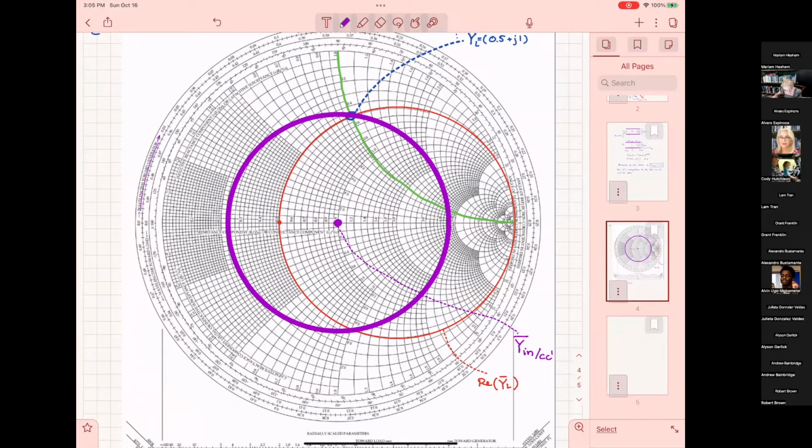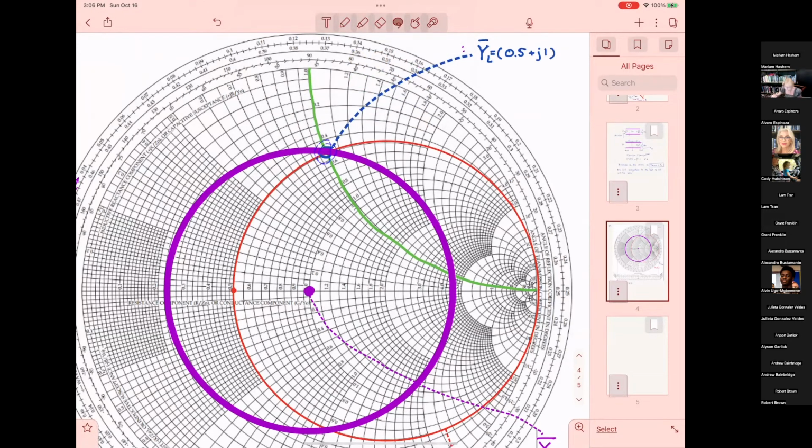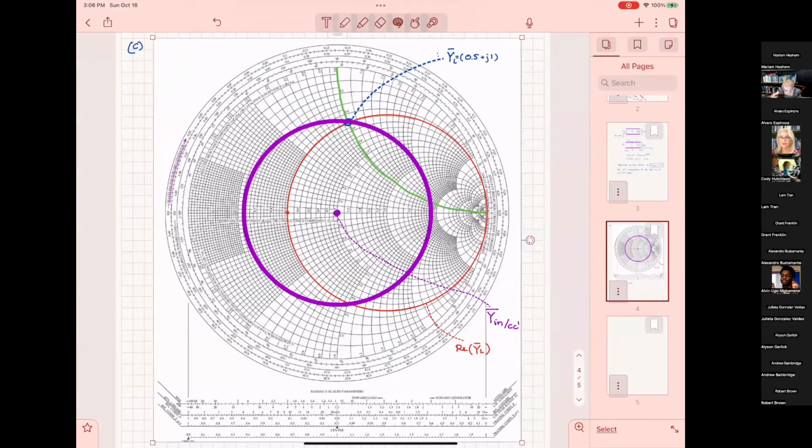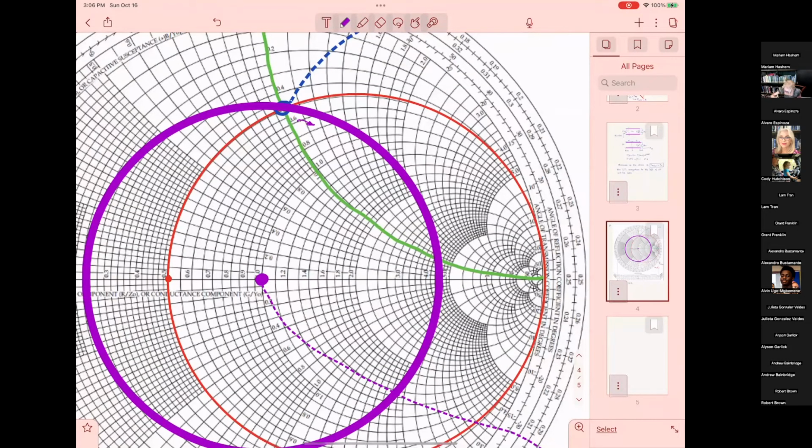Since I am at this point, that's my load. I can only move this way. See the arrow, I can only move this way. That's one good thing: at least I know which direction I can go.